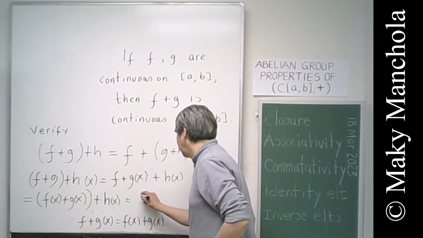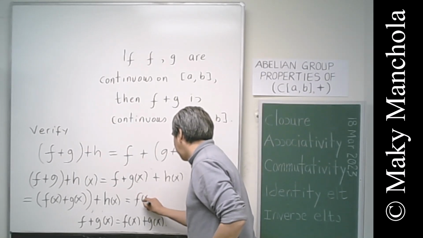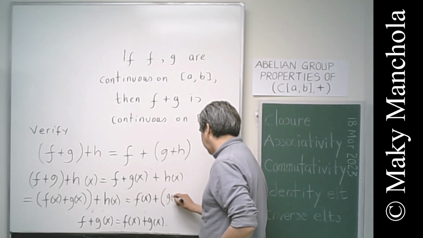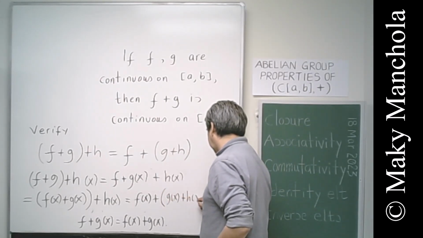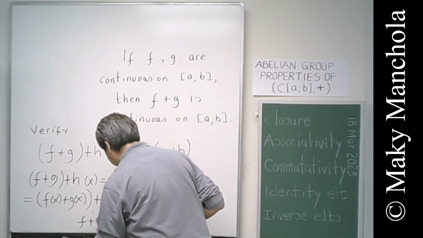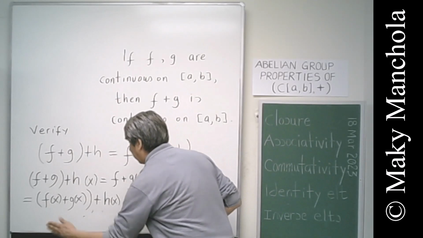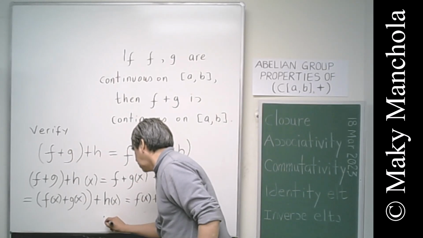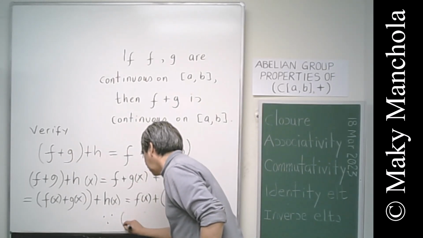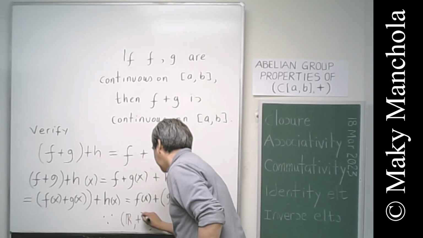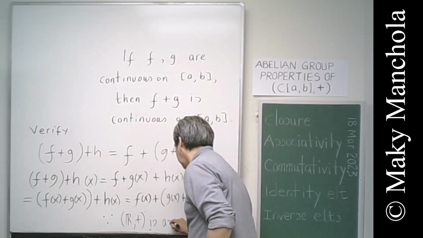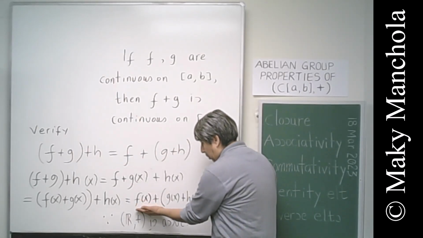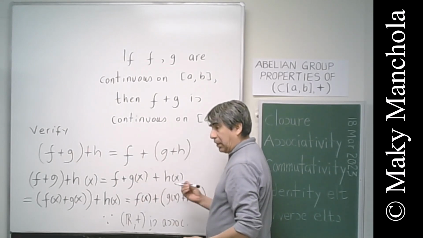So we obtain f of x plus the quantity g of x plus h of x. What justifies this? The fact that this is addition of real numbers, because the structure of real numbers together with addition is associative.